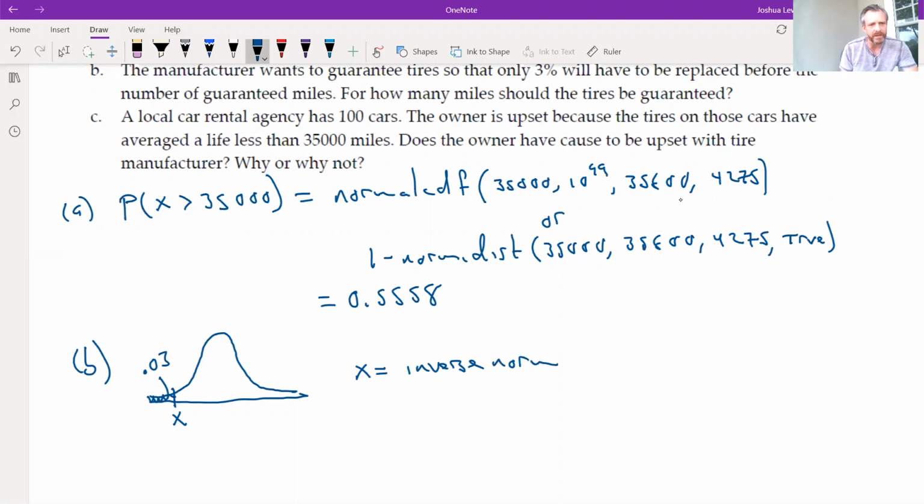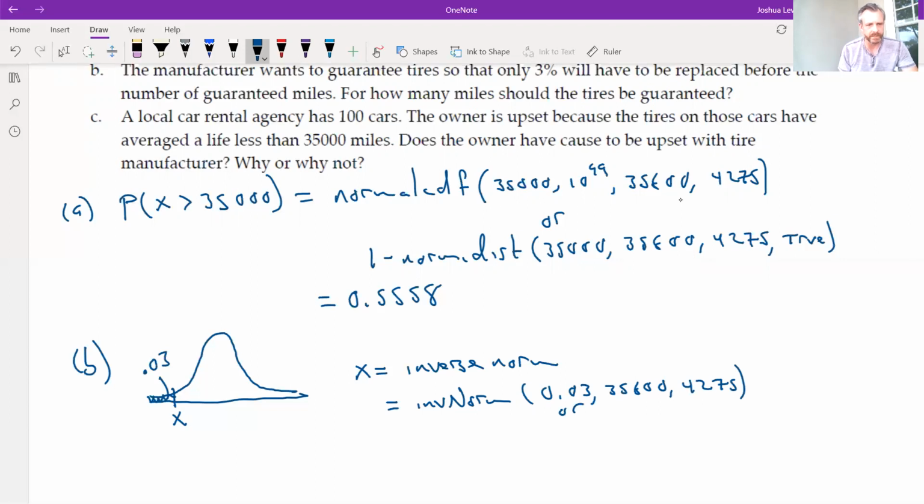And again, depending on what you use, if you're using the TI 83 or 84, you'd have inverse norm, 0.03, a mean of 35,600, and a standard deviation of 4275.